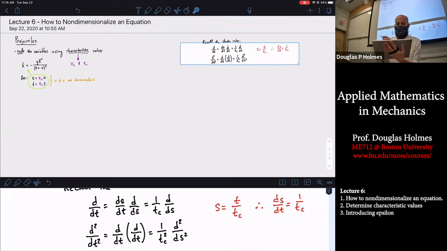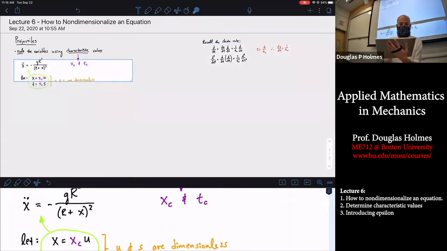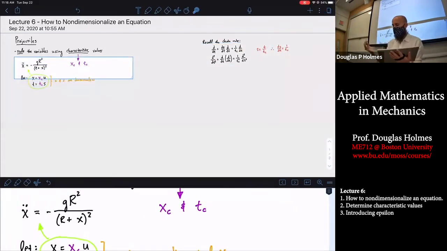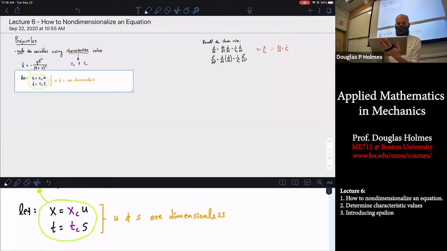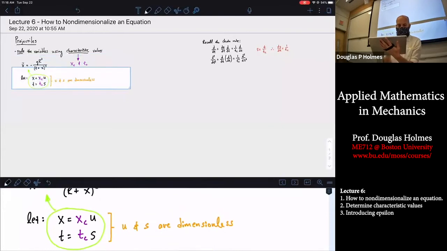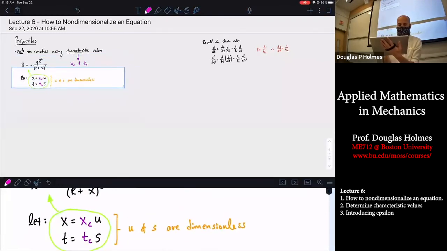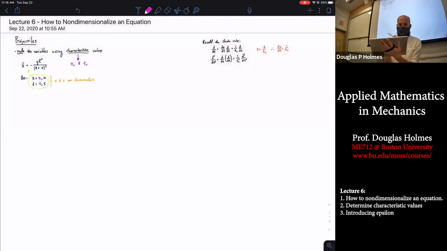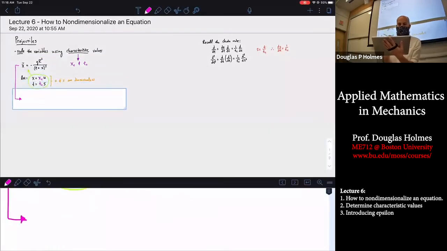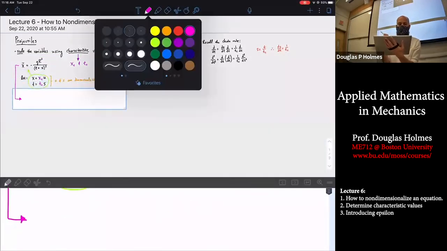So in that case, okay, let's go back over here. On the left-hand side, we have a second derivative. Let's come down. And so I can substitute this stuff in.